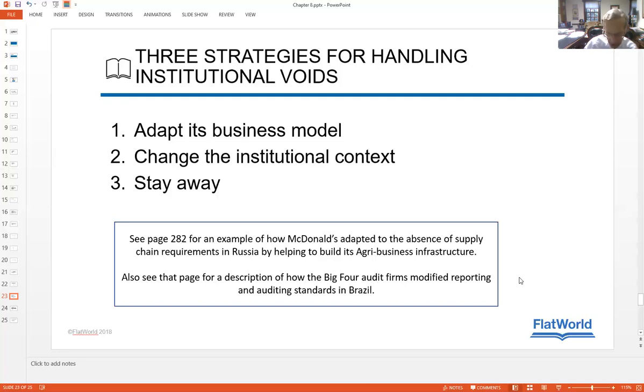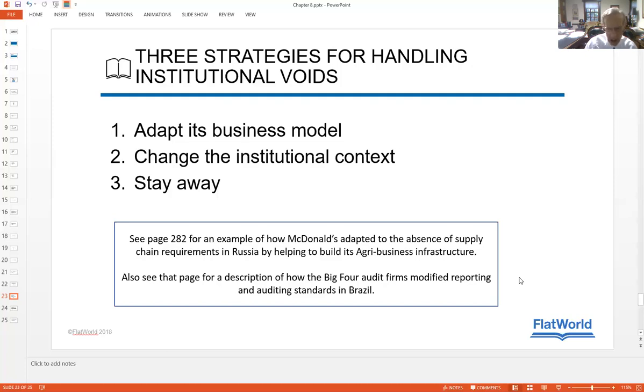And yet the companies in Brazil wanted the services of these auditing firms in order to be more acceptable internationally. And the Big 4 auditing firms indeed did end up going into Brazil, but they then succeeded in elevating reporting and auditing standards.